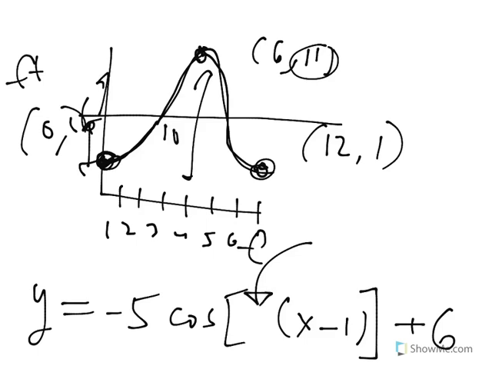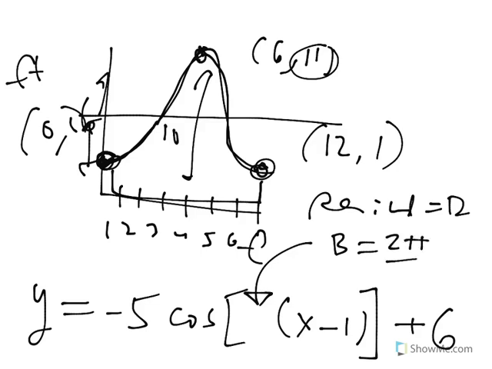Now the number here, we look at the period from 0 to 12, so it's 12. So that means the b value, the coefficient here, if I'm thinking in terms of radians, is 2 pi over 12, which reduces to pi over 6.